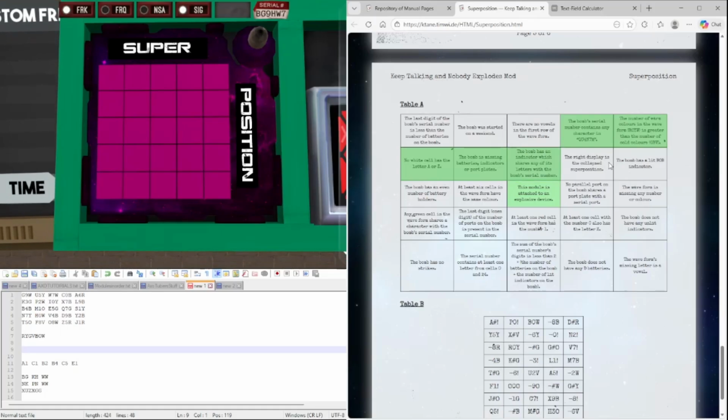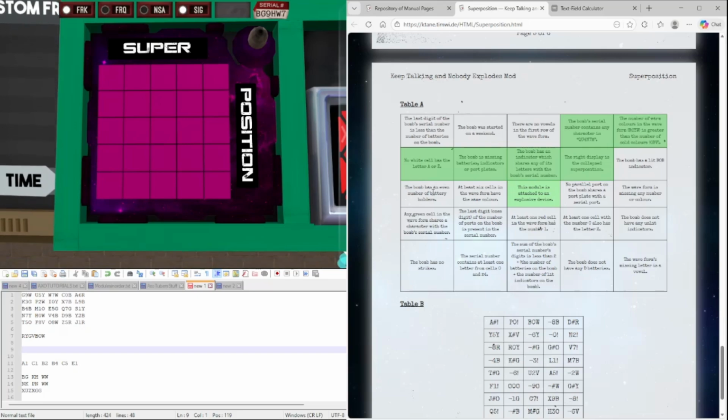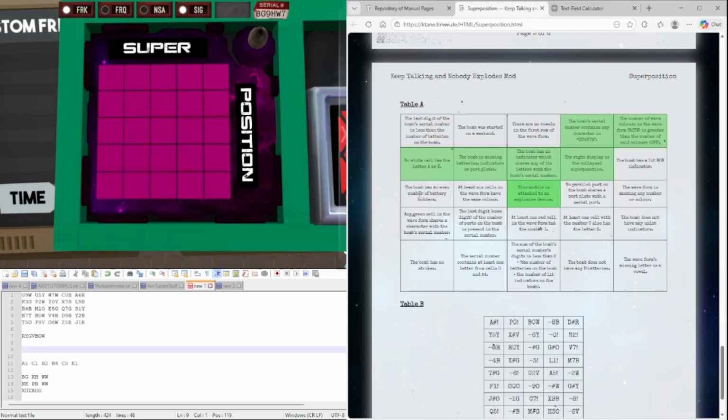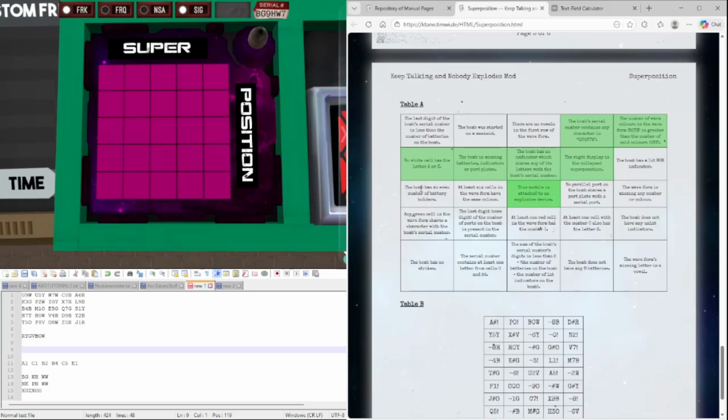The right displays collapse superposition, yes. The bomb has a lit bomb indicator, no. The bomb has an even number of battery holders. The bomb has an even number of battery holders, yeah.